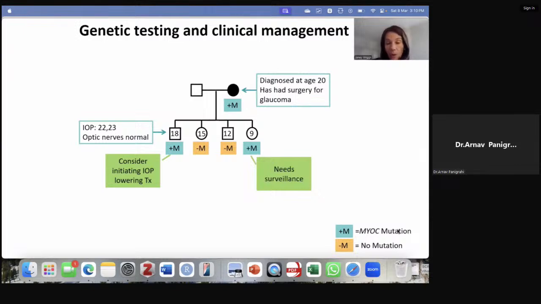The youngest boy, also with the mutation, needs to be followed to see if his pressure begins to increase. And the 2 middle children who don't have the mutation don't have any need for increased disease monitoring.